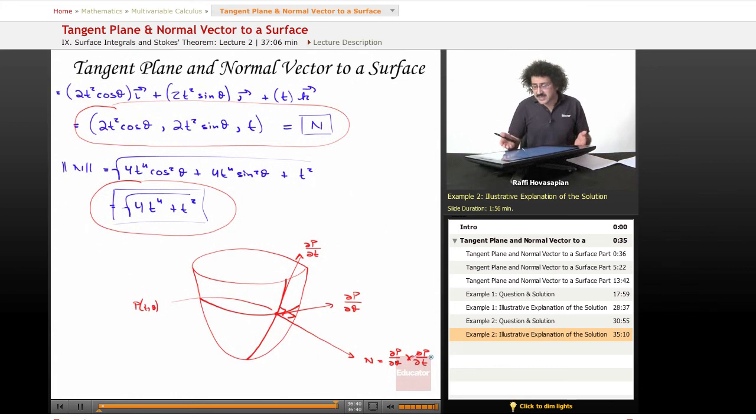If you end up doing dp dt cross dp d theta, what you end up with is the vector going into the paraboloid. It's still normal to the surface, but it's just pointing in. It's just a question of orientation. Positive, negative. The only thing that changes is the sign.